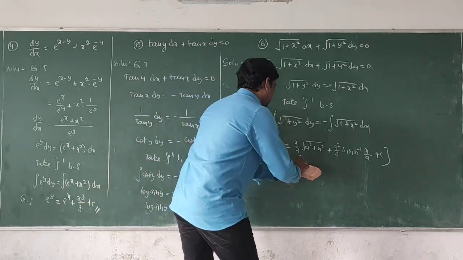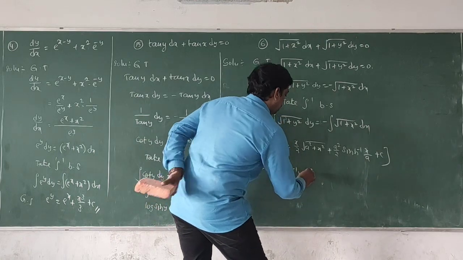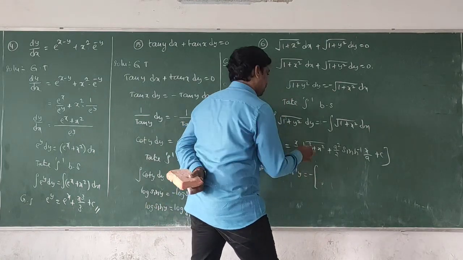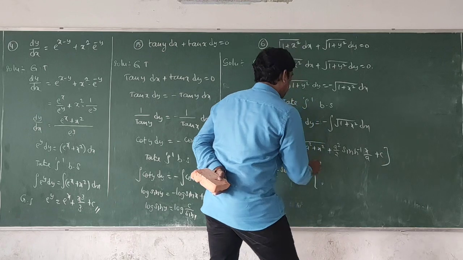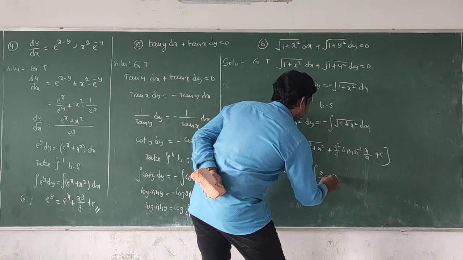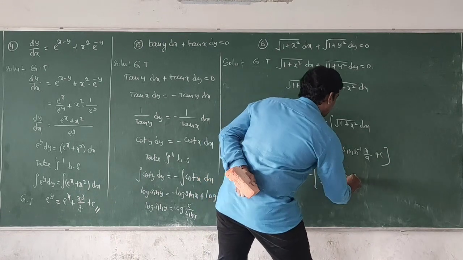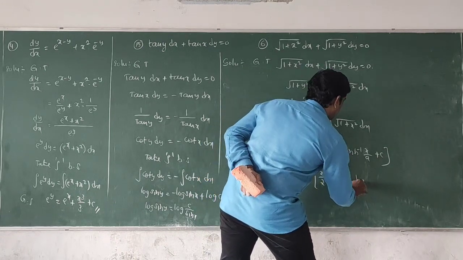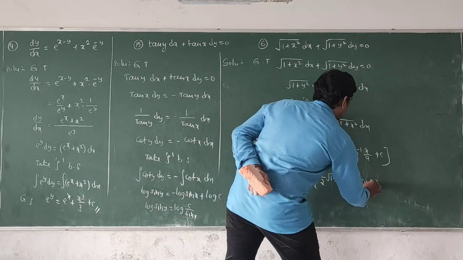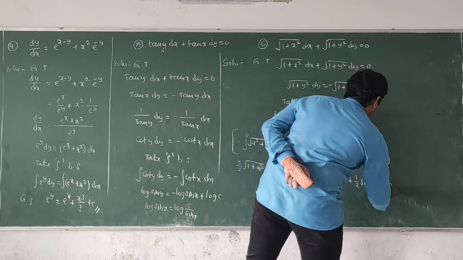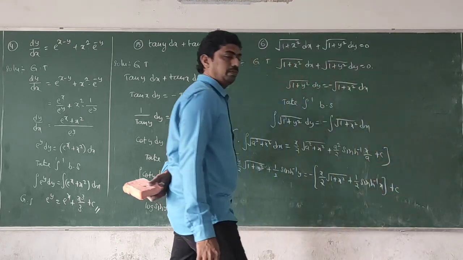But here in terms of y, that's my y, minus the same one: x by 2 into square root of 1 plus x square, with a value 1, plus 1 by 2 into sinh inverse of x by a, plus c.